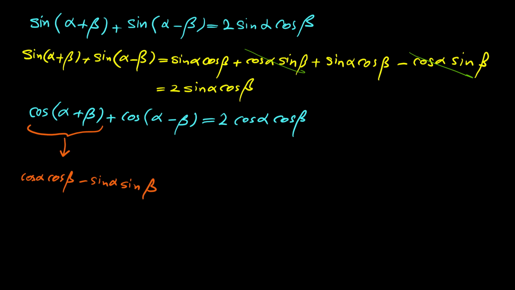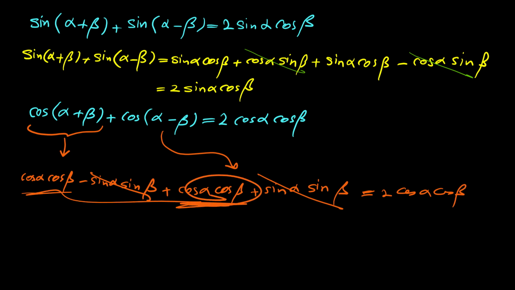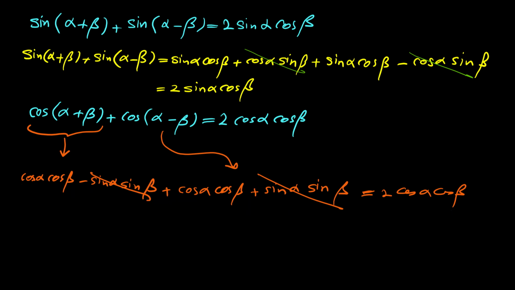For the next cosine, for this one, we have cosine alpha cosine beta plus sine alpha sine beta. This cancels with this. What remains? It remains 2 cosine alpha cosine beta. We have these two terms, they are similar, so we have 2 of them. And it is the other side. And this completes the proof of this identity.